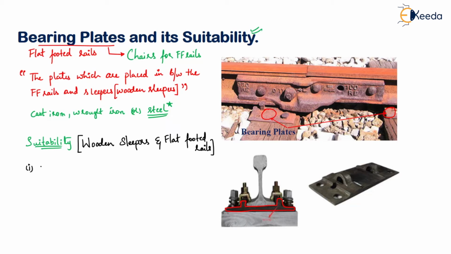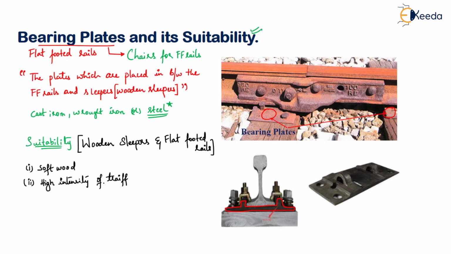Even in this, there are criteria. Suppose you use a very soft wood as your sleeper, then you have to go for using the bearing plates. Next is for high intensity of traffic. If it is a low intensity of traffic, in some places it is not required. But what will happen for high intensity of traffic?